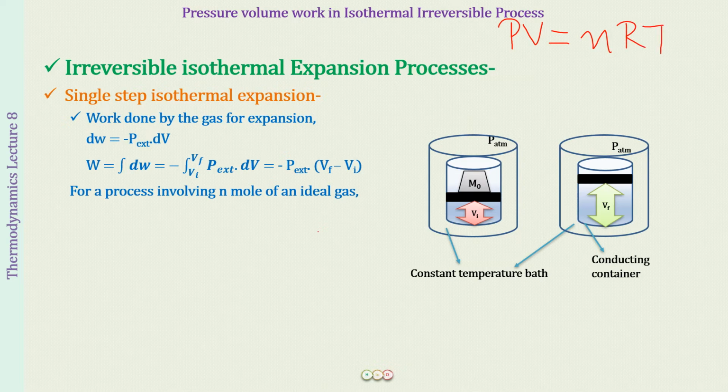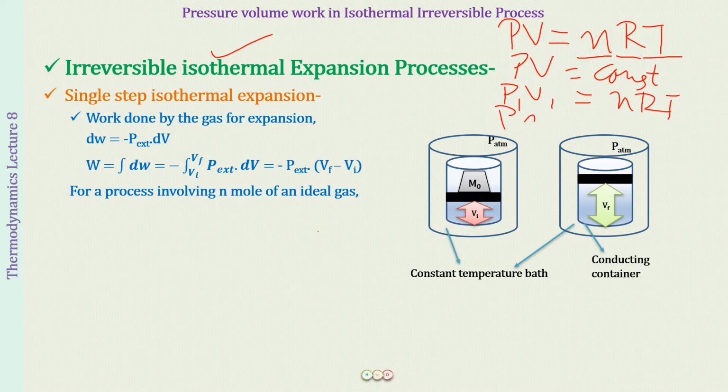We have taken fixed moles of gas, so n is constant. R, the universal gas constant, is also constant, and temperature for an isothermal process will also be constant. So PV is going to be constant, and we can write that P1 V1 is equal to nRT, and P2 V2 is also equal to nRT.